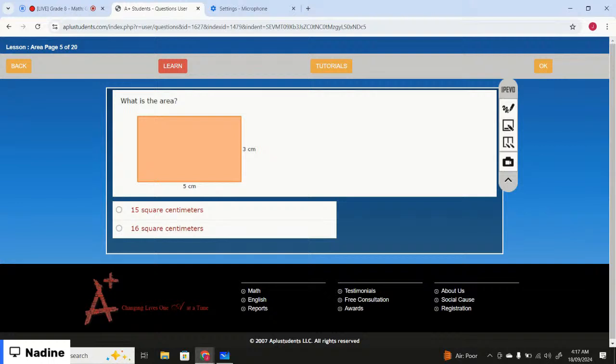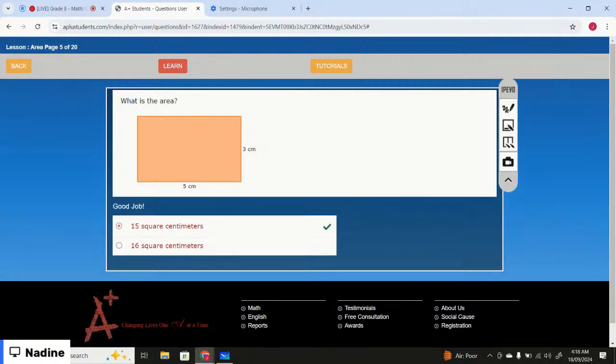What is the area, which is the correct option? Option number 1 is the correct option.